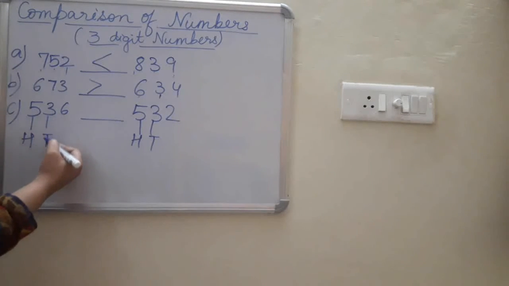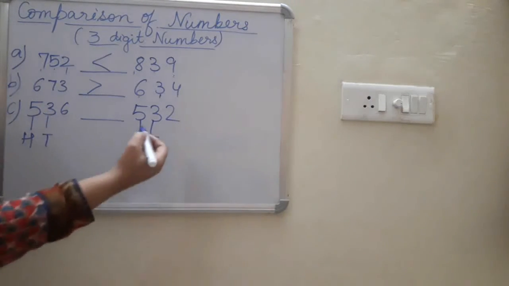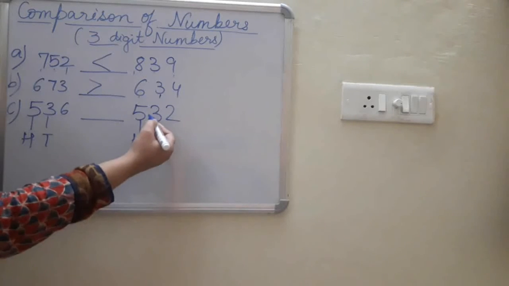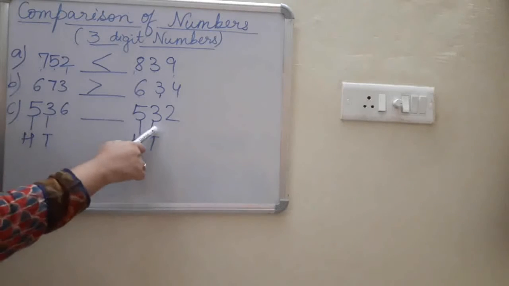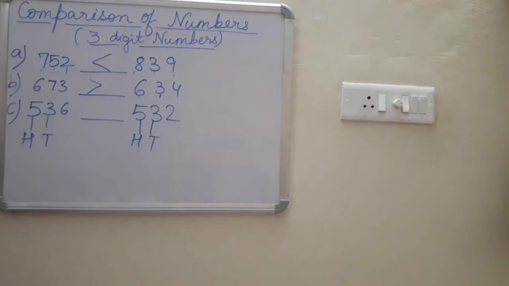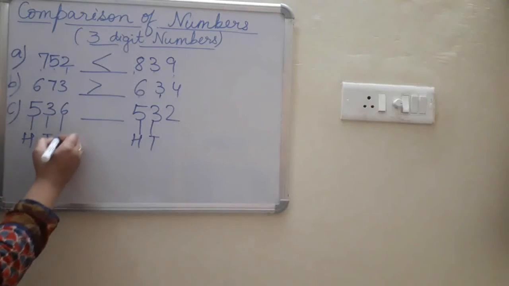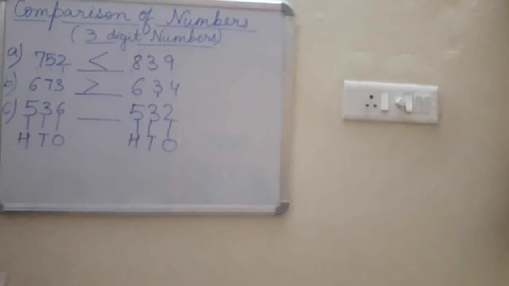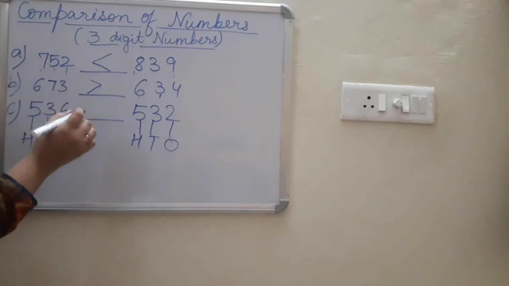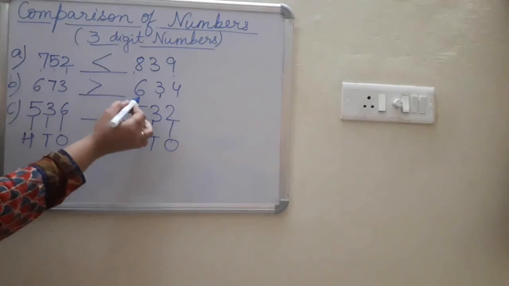Here you can see the digit at tens place is 3, and here digit again 3 is there at tens place, which is same. So what will we do? Now our next step is to look at the number which is in ones position. Okay children. So first of all, we compared the digit at hundreds place.